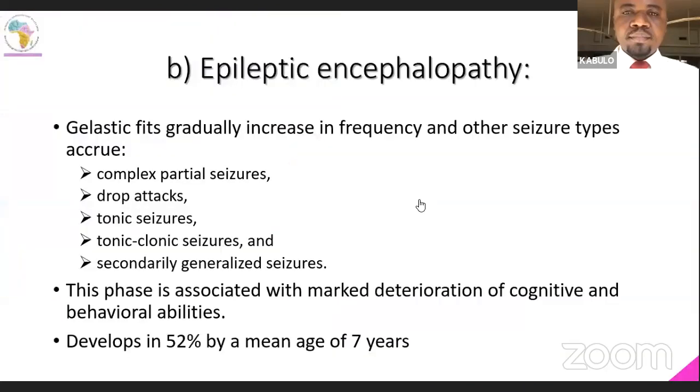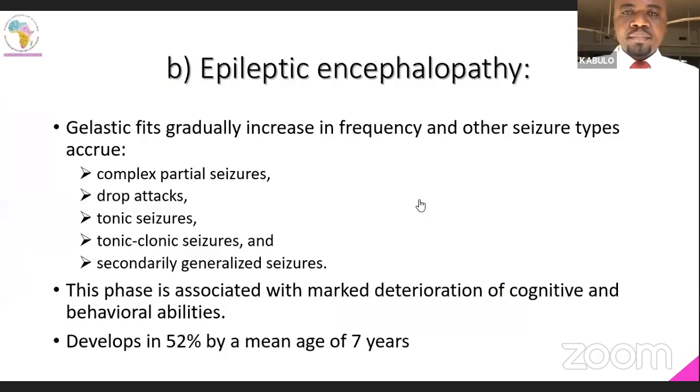So apart from gelastic seizures, we also have what is called epileptic encephalopathy, which comes after the gelastic seizures. The first to arrive in terms of seizures is gelastic seizures, but when they are there, they increase in frequency.